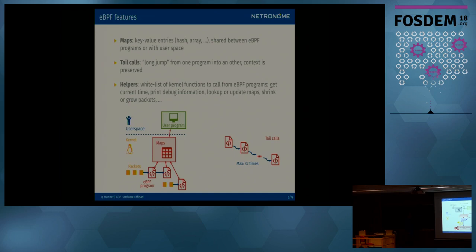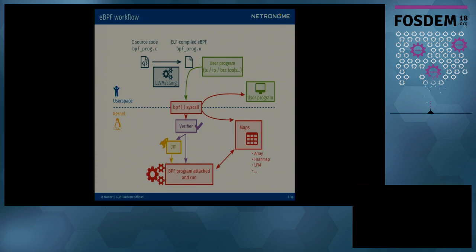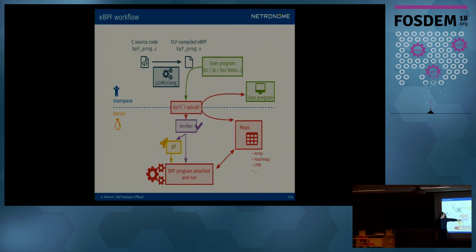So that's a diagram of the BPF workflow. Typically, I would write my program in C source code. I would compile it with LLVM or Clang and inject it into the kernel. Say I want to attach my program to the TC interface, I will use TC on the command line to inject that program through the BPF syscall. It will be checked by the verifier. If it passes the verifications, then it can be loaded, and possibly JIT compiled.